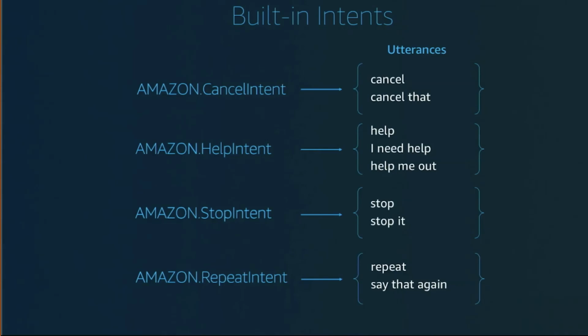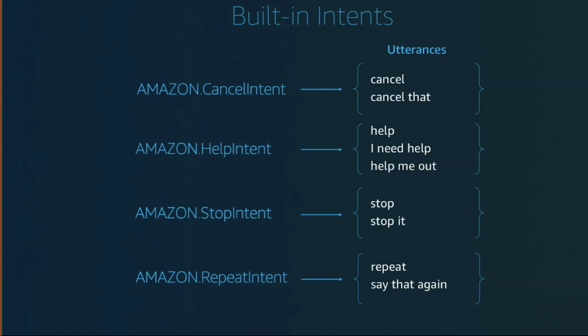So these built-in intents are pre-trained on a lot of utterances that help you as a developer not have to input every single possible sentence for very common utterances like yes, no, repeat, shuffle, play, etc. In this case, for example, Amazon.CancelIntent maps to cancel, Amazon.HelpIntent maps to I need help, stop to stop, etc.